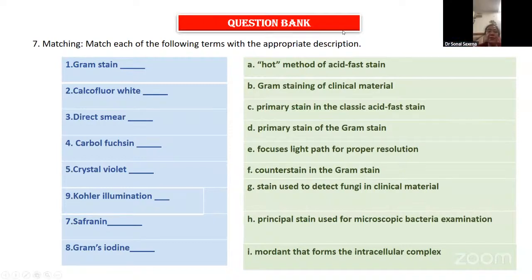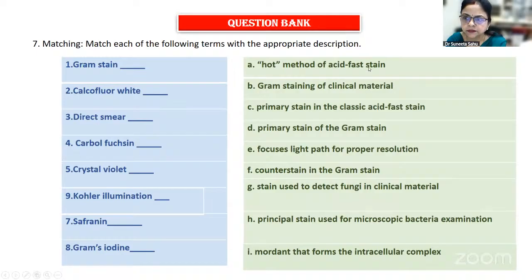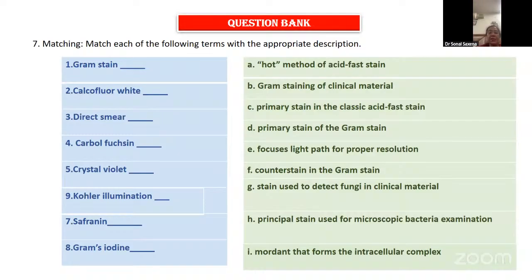Somebody has asked: how do you interpret acridine orange? Maybe you can unmute yourself and ask the speaker what you're trying to ask.